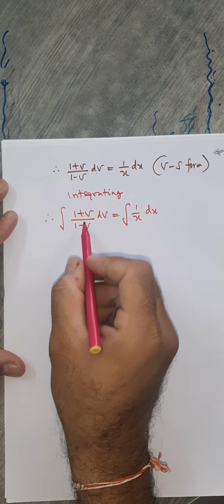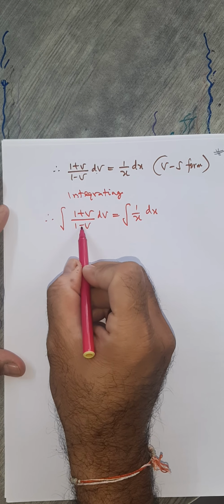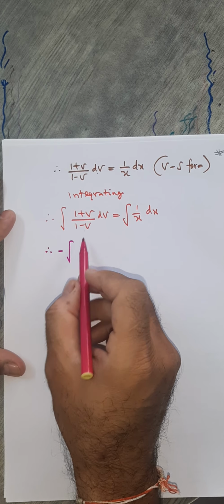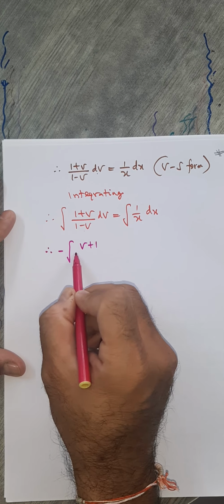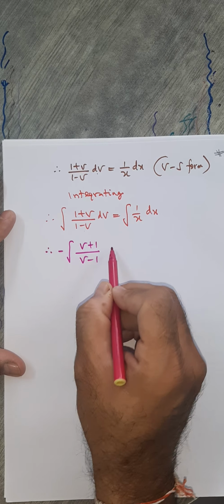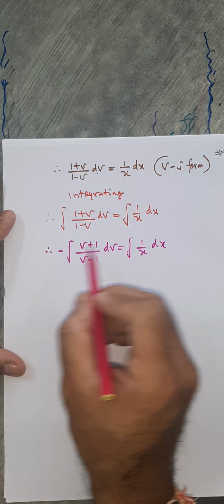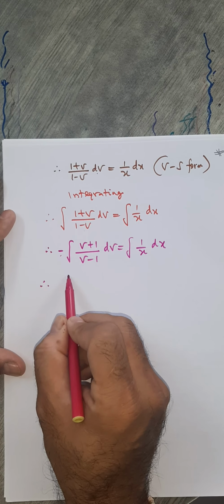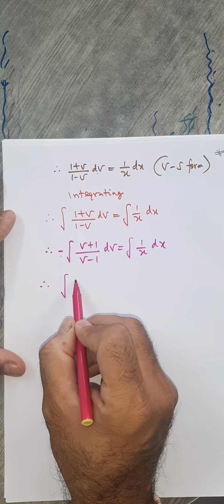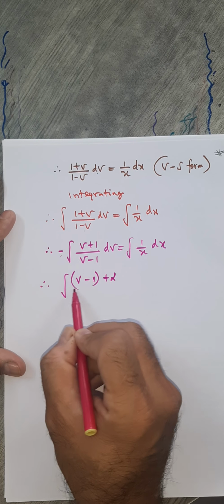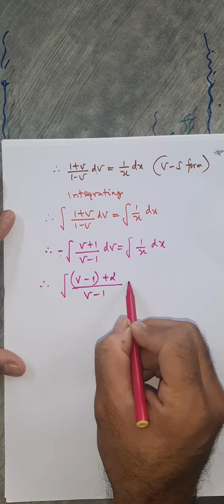So here what I'll do, just to make this coefficient positive, I'll take minus common here. So v plus 1 upon, if I take minus common, v minus 1 dv equals to 1 upon x dx. And I'll take minus 1 on that side. And I'll set this expression over there. So minus 1 plus 2, adding and subtracting 1, upon v minus 1.